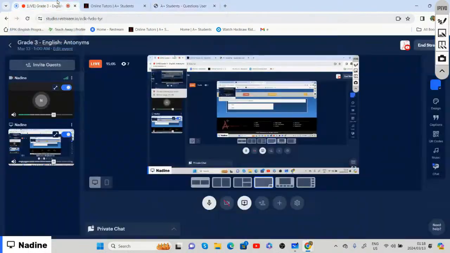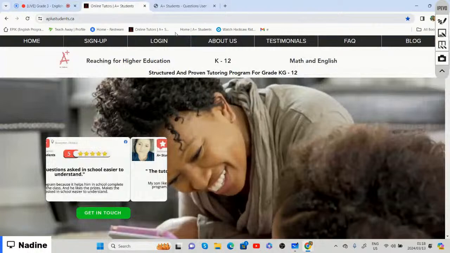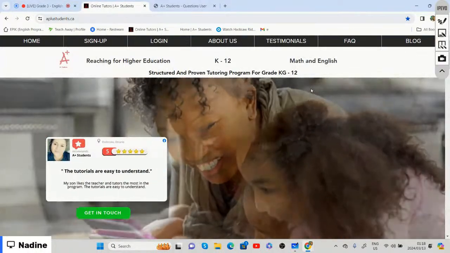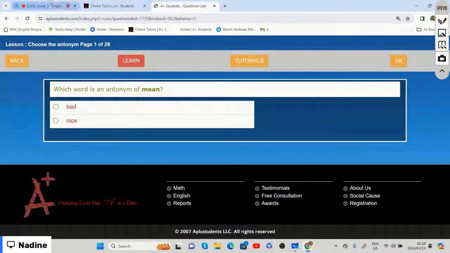The screen is blur. I don't know how to unblur it. I really don't know how to unblur it.